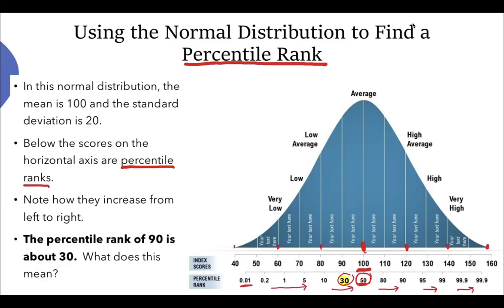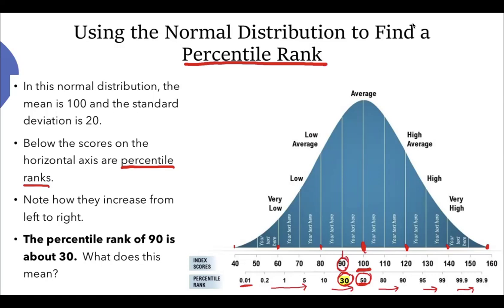The percentile rank of 90 is about 30. So here you see where there's 90, and beneath it a little bit to the right, approximately the percentile rank of 30. What does that mean? So let's put that into words. What does it mean for the percentile rank of 90 to be 30?